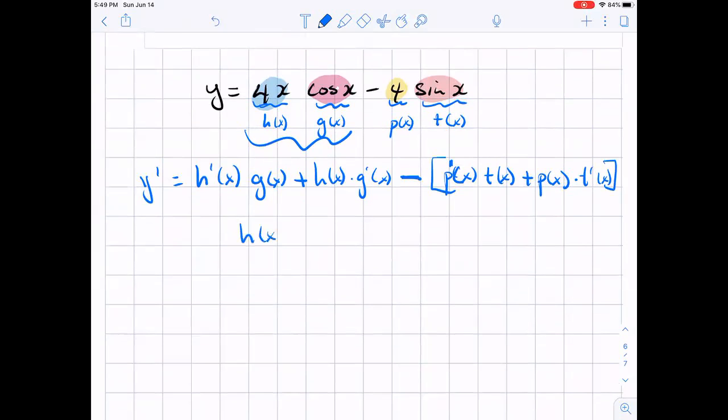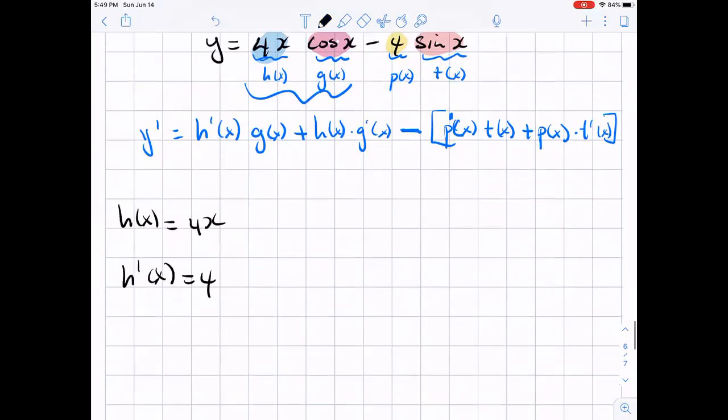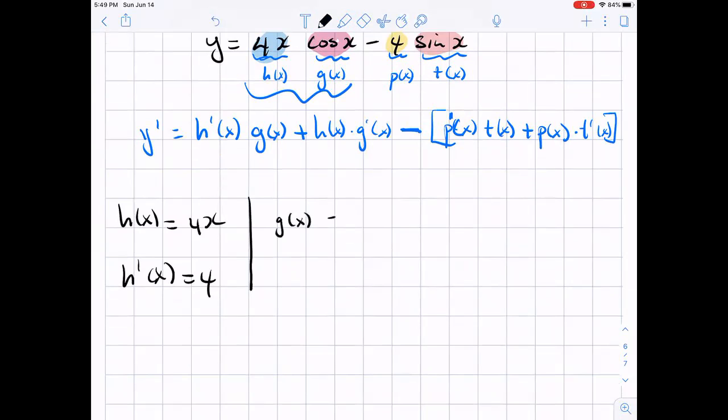So why don't we figure out what these things are? H of x is equal to 4x, so h prime of x is equal to 4. G of x is equal to cosine of x, so g prime of x is equal to minus sine of x.